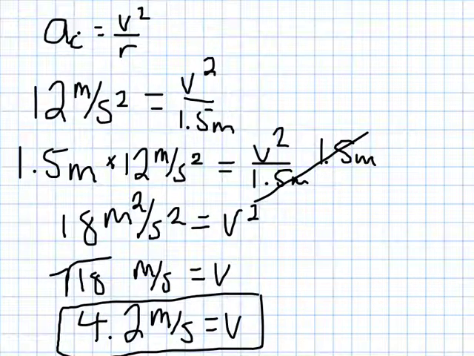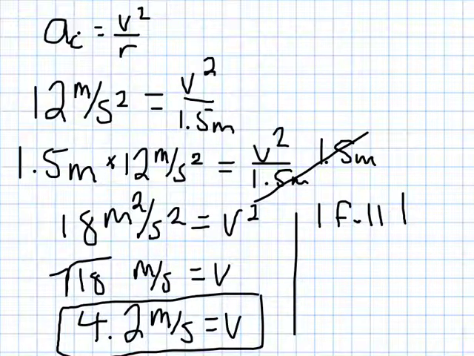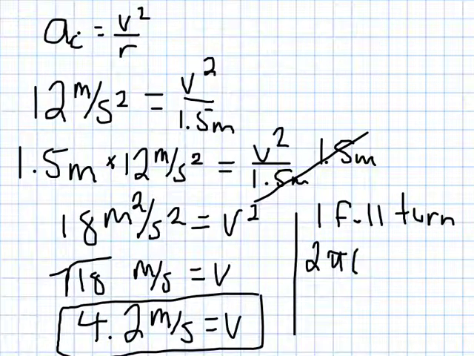I've got to say, that looks kind of low to me. That actually looks like kind of a low speed. And one way to think about it is, what does that mean in the number of turns per second? Well, one full turn is the circumference of the circle, which is 2 times pi times the radius, 1.5 meters.